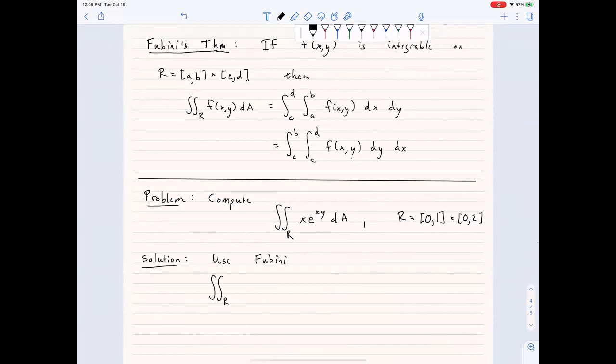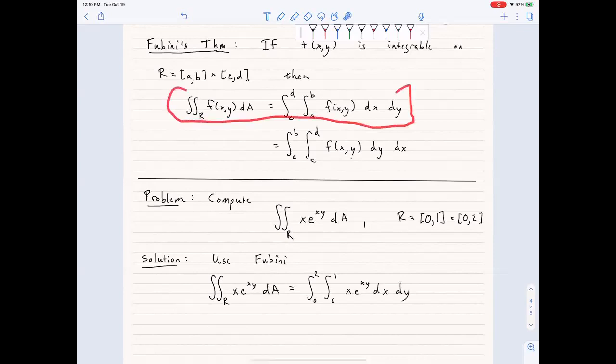Double integral of x e^(xy) dA. A here stands for area. And I'll just say, okay, that's 0 to 2, 0 to 1, x e^(xy) dx dy. I just chose the first of my options, I looked at my theorem and I just wrote it down.